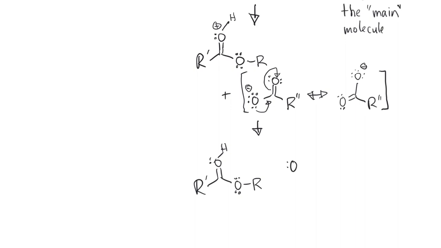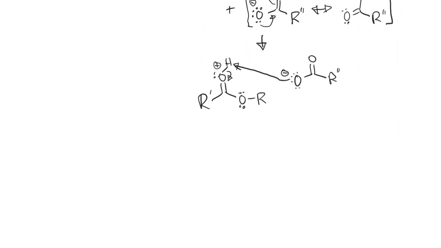This leaving group has an oxygen that has a negative charge on it. And so one of these lone pairs comes over here, forms a bond with the hydrogen, and that bond jumps onto the oxygen.